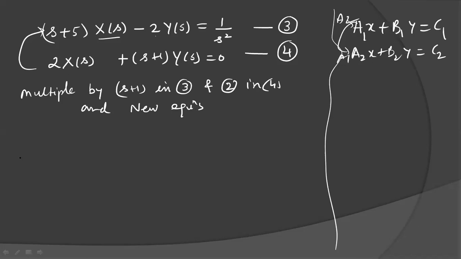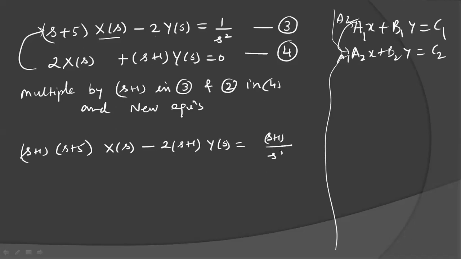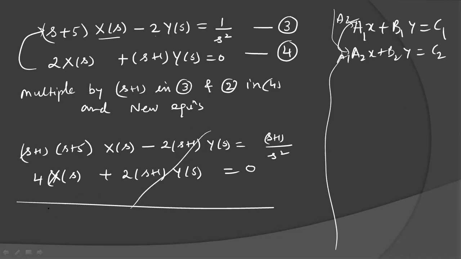So you will get (s plus 1)(s plus 5) X(s) minus 2(s plus 1) Y(s) equal to (s plus 1) over s square. Now if you multiply by 2 here, you will get 4X(s) plus 2(s plus 1) Y(s) equal to 0. Now if you add, these terms will cancel.